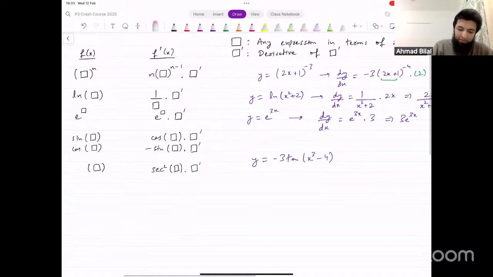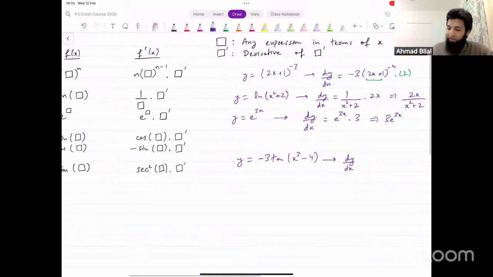The rule says the derivative of tan of something is secant square of that thing. So its derivative is going to be dy over dx. Remember, when we have something multiplying outside, that remains as it is. So minus 3 is going to remain as it is. That does not change.